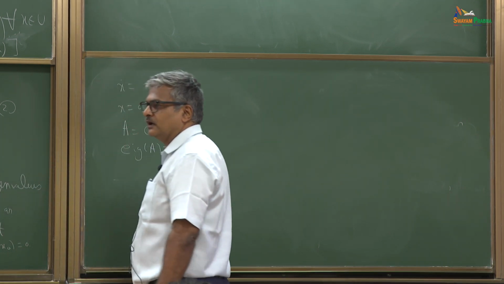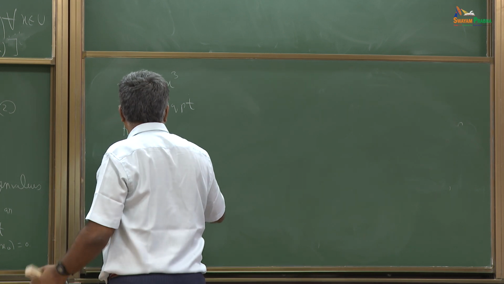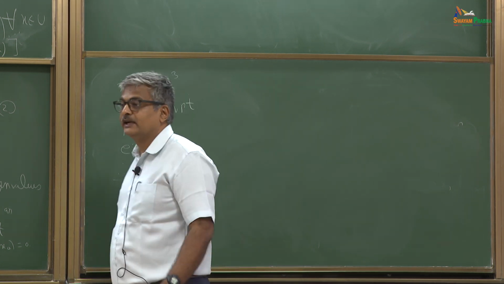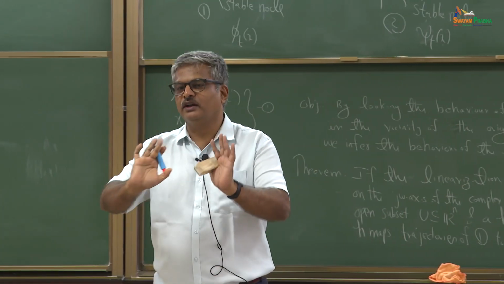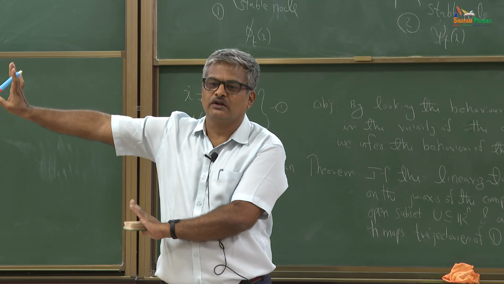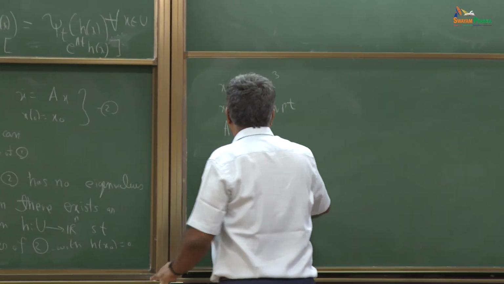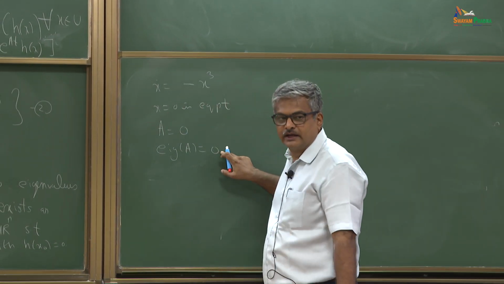Actually we don't classify center, saddle and all for other than second order systems. Those terms are only for second order systems. You cannot extend it to third order, fourth order or any other. But we have a zero eigenvalue.